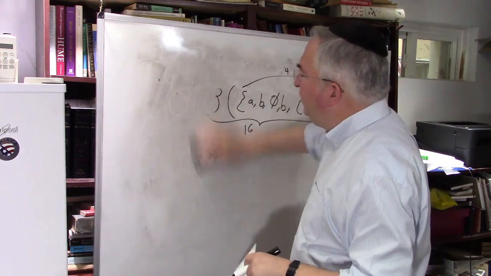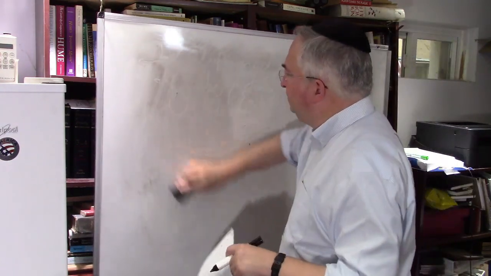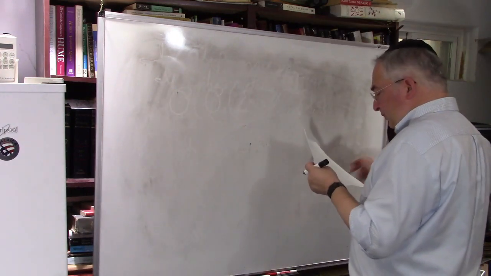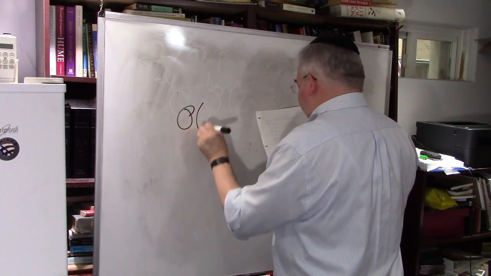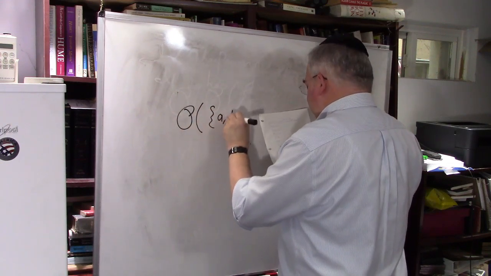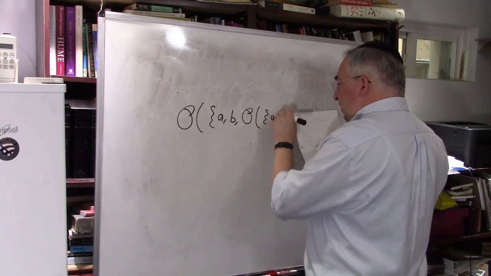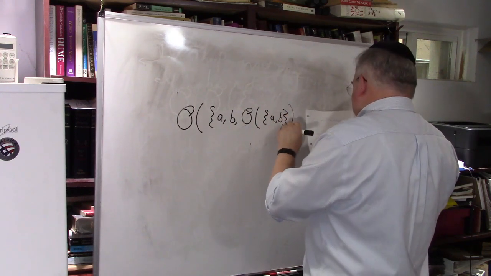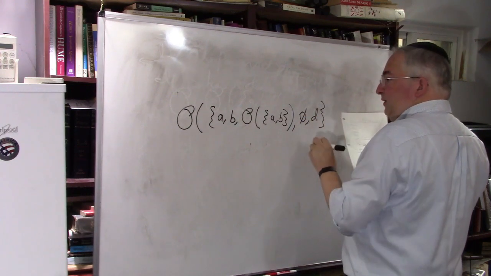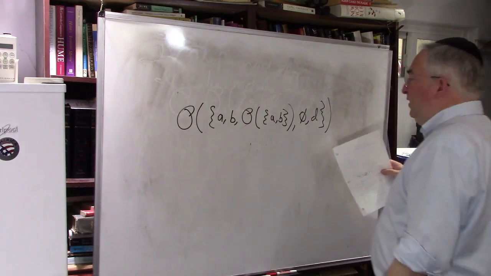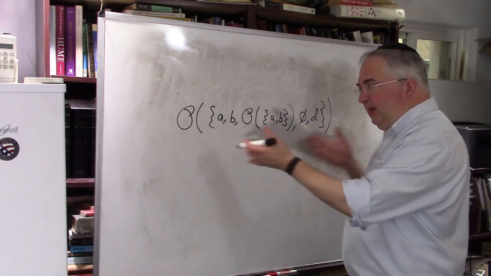Now, compare this with another strange example. How about this? The power set of the set A, B, the power set of A, B, the empty set, and the set D. Now we have to evaluate how many elements the set has.